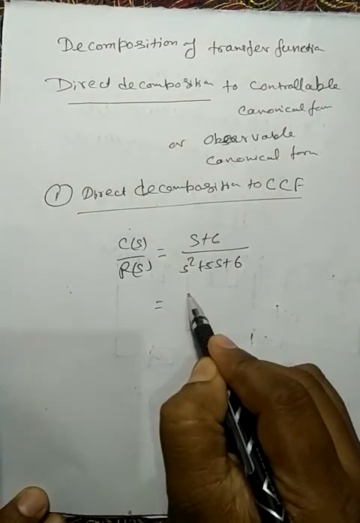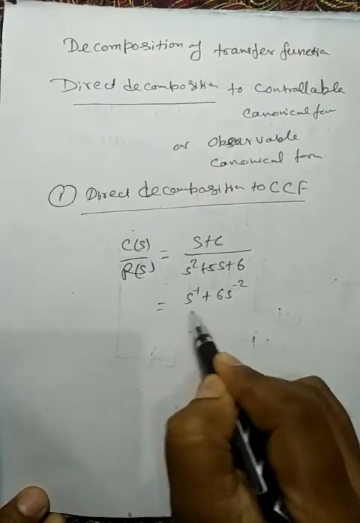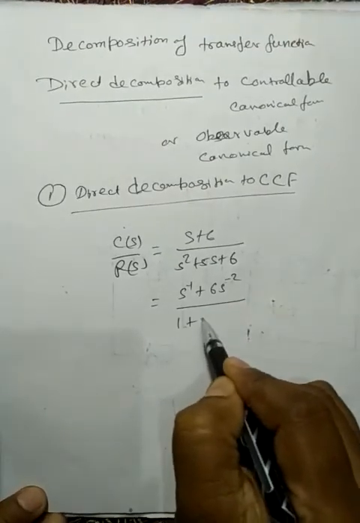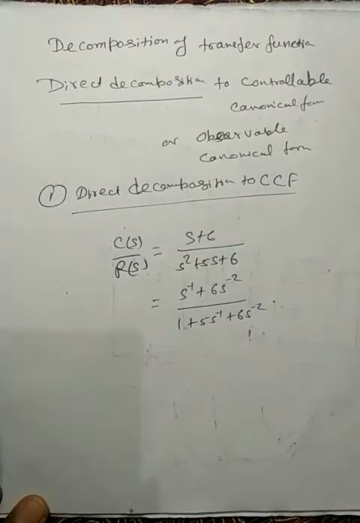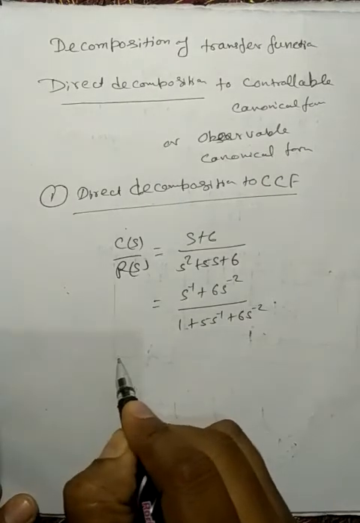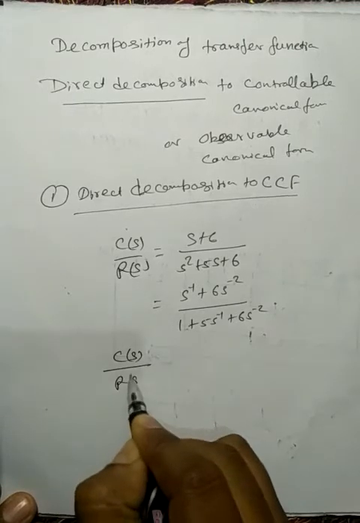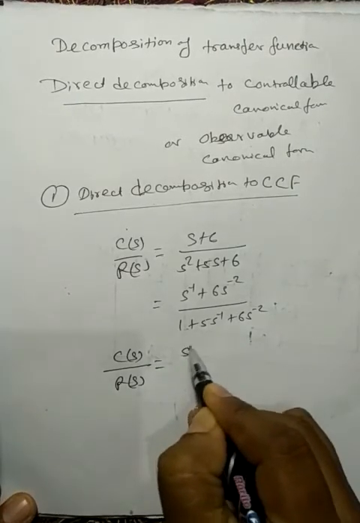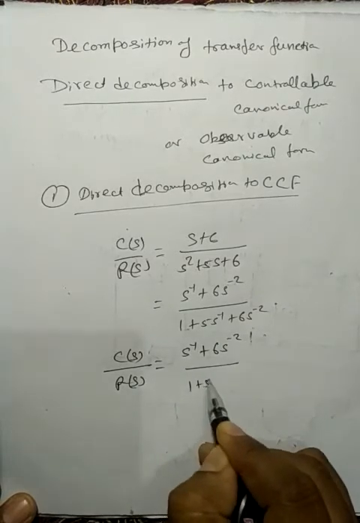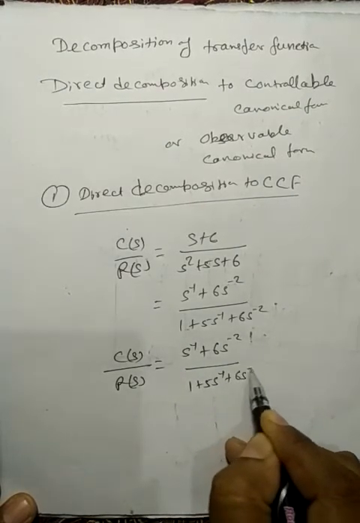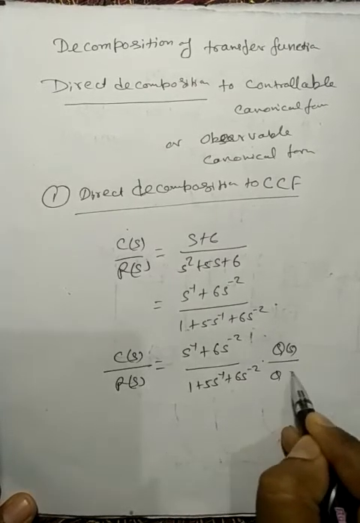So here I get S inverse plus 6S minus 2 over 1 plus 5S inverse plus 6S minus 2. And let's consider a dummy variable Q(s) such that C(s) over R(s) becomes S inverse plus 6S minus 2 divided by 1 plus 5S inverse plus 6S minus 2 multiplied by Q(s) divided by Q(s).